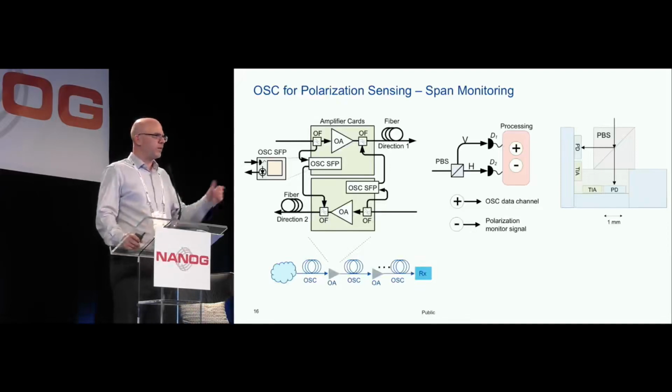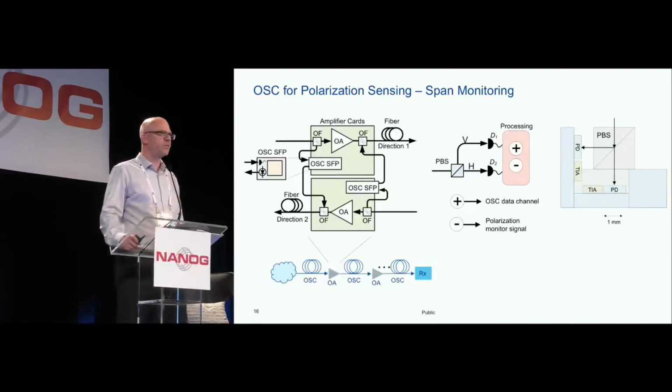Now if that fiber is disturbed, you could see that the OSC channel has rotated. So we were proposing that you could put in a single polarization beam splitter, look at the two polarization outputs, take the difference of those two, and you'll get some signal that shows that the polarization is rotating. And since it's terminated at each amplifier site, you'll know what span actually has the problem.